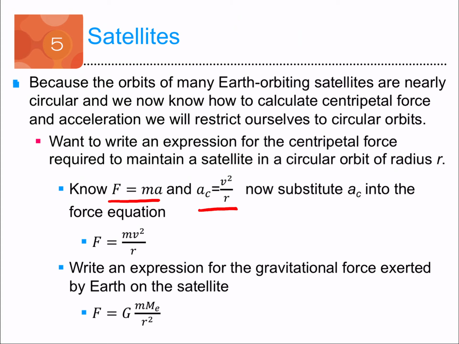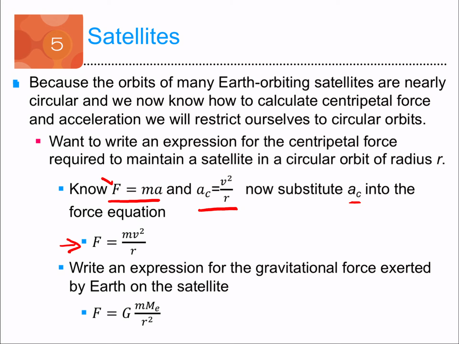We know this formula, centripetal acceleration is v squared over r. So now we're going to substitute centripetal acceleration into force equals mass times acceleration, and when we do that, we get this formula: force equals mv squared over r.